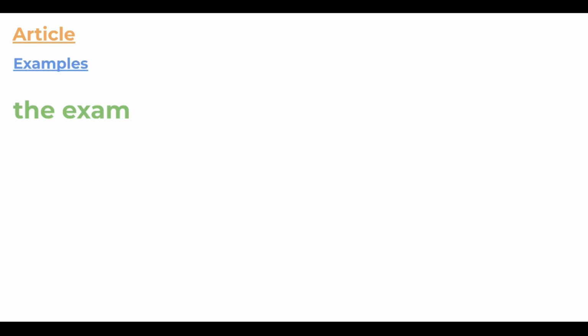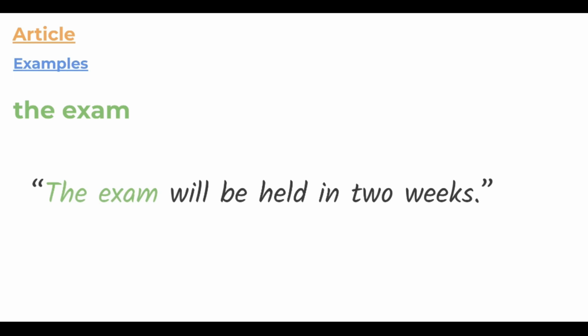Okay, and another one, the exam. We've used a definite article, so everyone in this situation will know which exam we're talking about. The exam will be held in 2 weeks. So context is really important here because this might be a teacher telling the class about the exam, so everyone understands what the teacher is talking about.